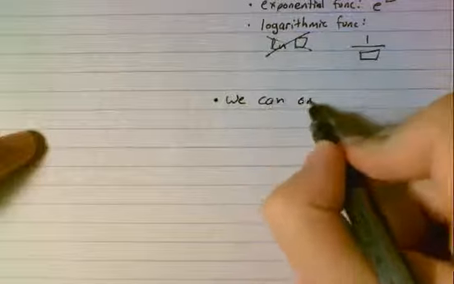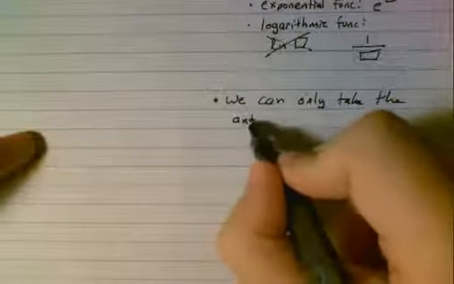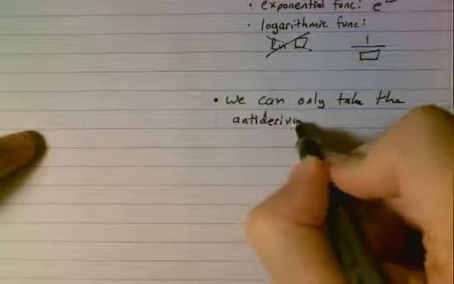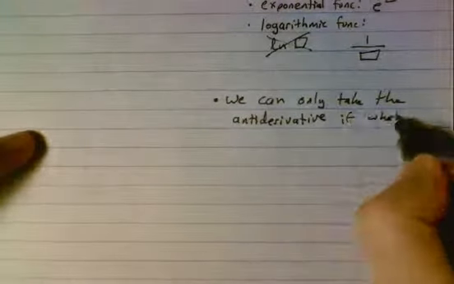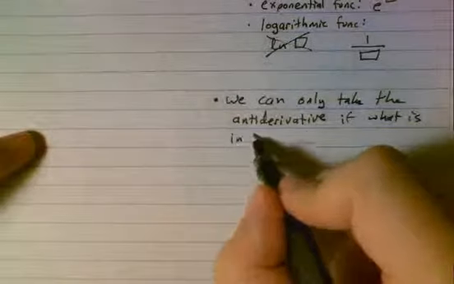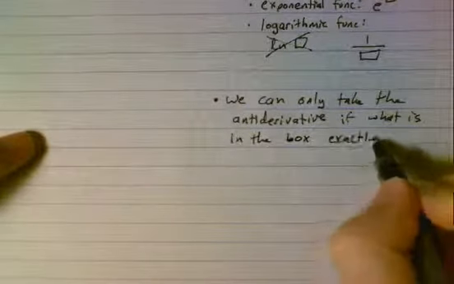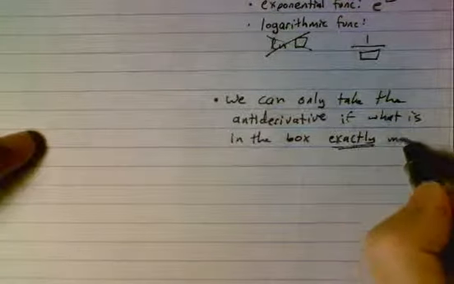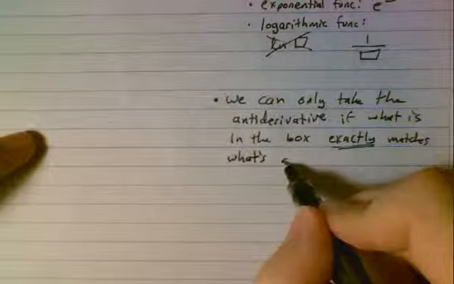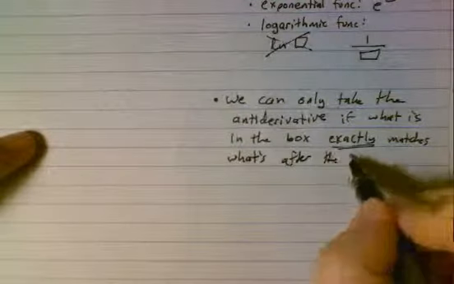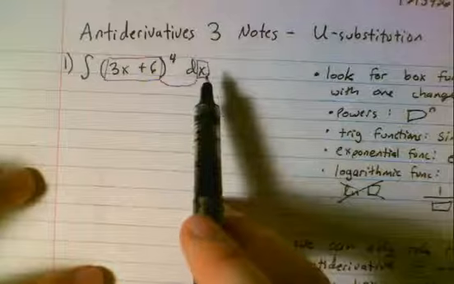We can only take the antiderivative if what is in the box exactly matches what's after the d. And basically what's here is always going to be a variable.